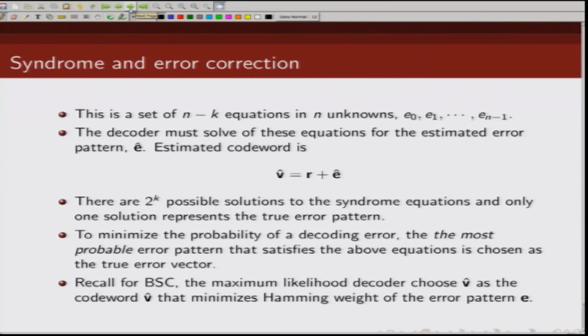For a maximum likelihood decoder we choose the estimated code word that minimizes the Hamming distance between the received word and the transmitted code word. In other words, it minimizes the Hamming weight of the error pattern E. So from the 2^k different solutions, the one with the least Hamming weight is the best solution for the maximum likelihood decoding rule for a binary symmetric channel.